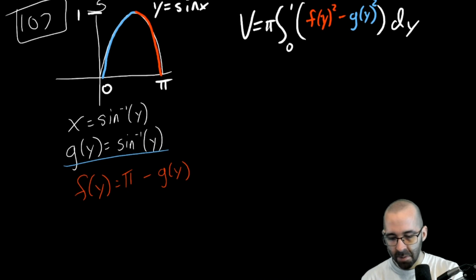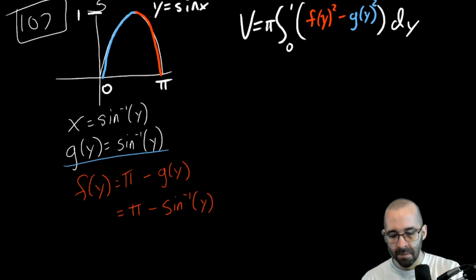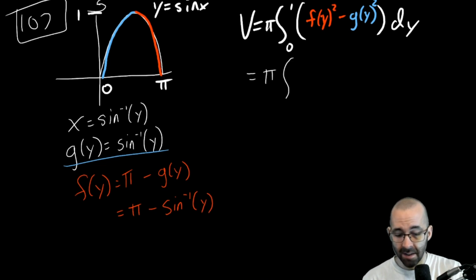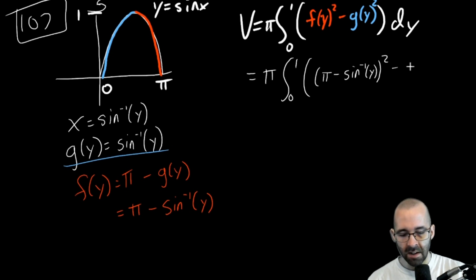Let's simplify this out a little bit. This is going to be pi minus arcsine of y. The volume is pi. Really don't know where this problem is going with the disk washer method. F squared is a little hard. We have to FOIL it out. Pi minus arcsine of y squared minus just regular arcsine of y squared, dy.